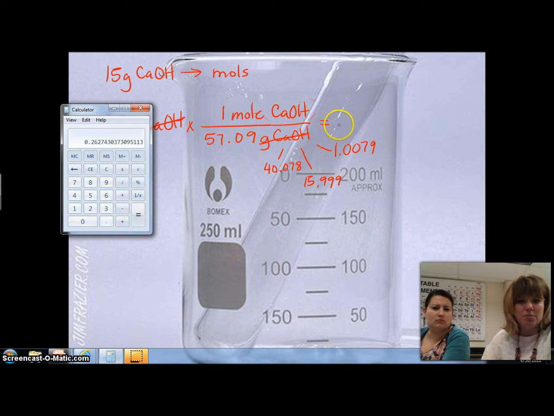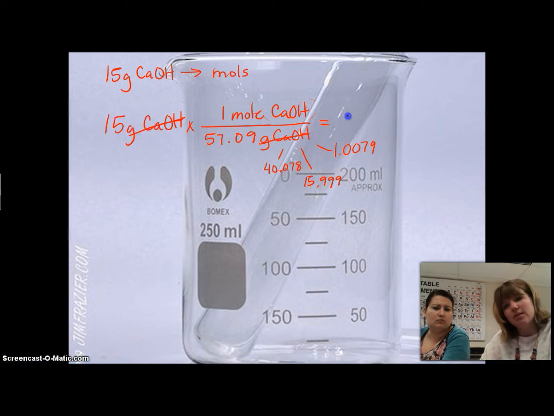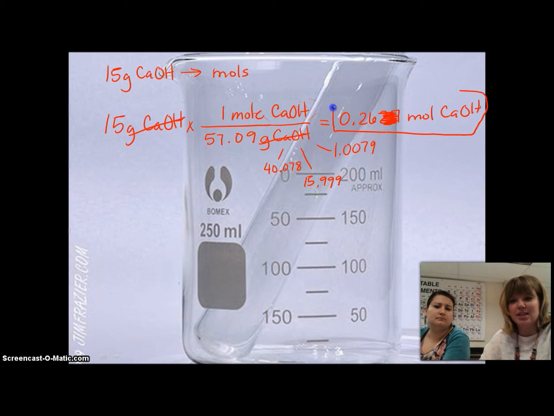And that's going to equal 0.2627 moles of calcium hydroxide. And of course we'd only need 2 sig figs, so just cancel those out. Box my answer. Being slightly lazy there.